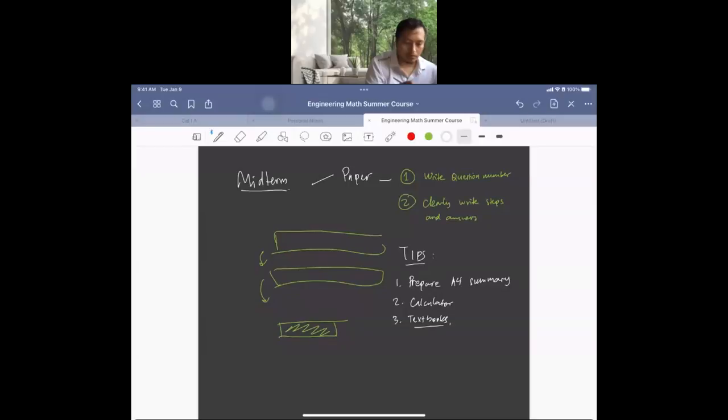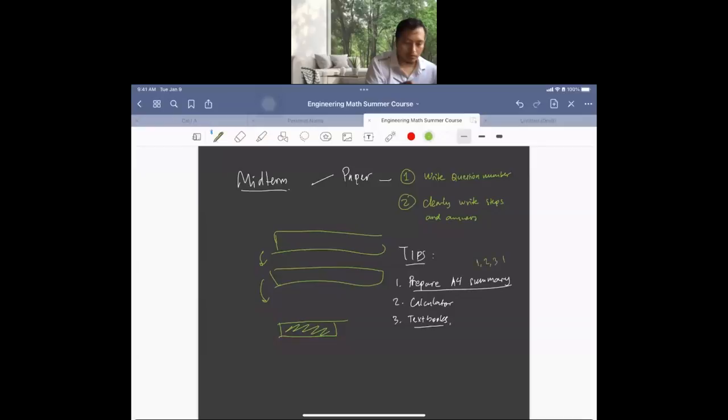The only thing that I want from you is that you work alone. You work individually. You can prepare in any way you want. You can prepare a summary, maybe an A4 summary. You can have 2 papers, 3 papers. It's up to you. Okay, is it clear?